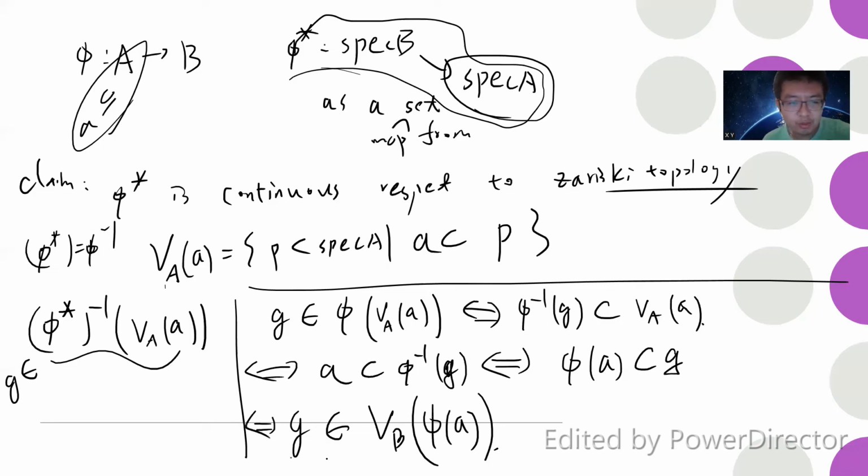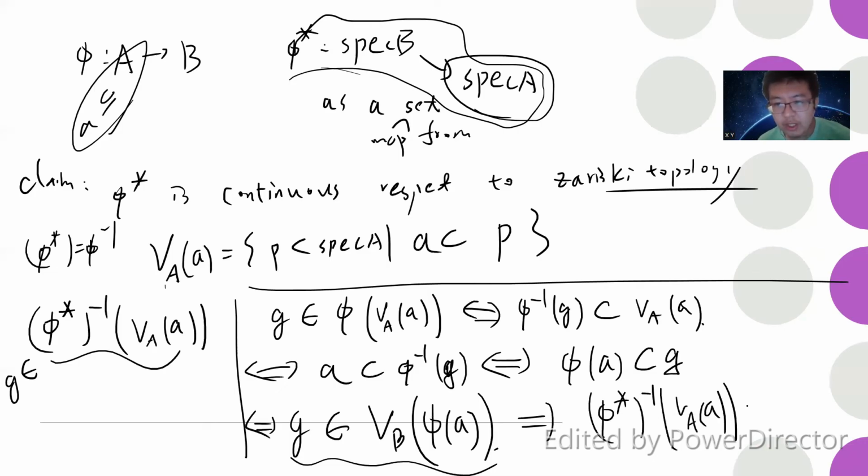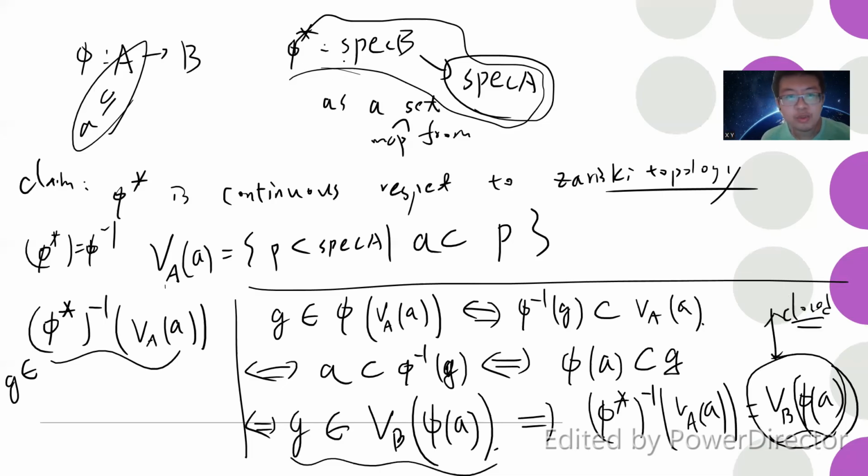So finally you can prove that phi star inverse of V(A) is just V_B of phi of A. So this set is closed by definition, which proves that the phi star map from Spec B to Spec A is continuous.